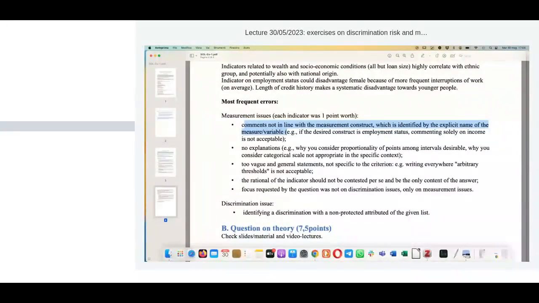No explanations given. This is common in many exams. Or too vague and general statements. For example, writing arbitrary thresholds is not acceptable. I have no explanation; there is a specific issue on the thresholds. Whatever the reason behind those thresholds, we don't know, we cannot make any hypothesis about that.